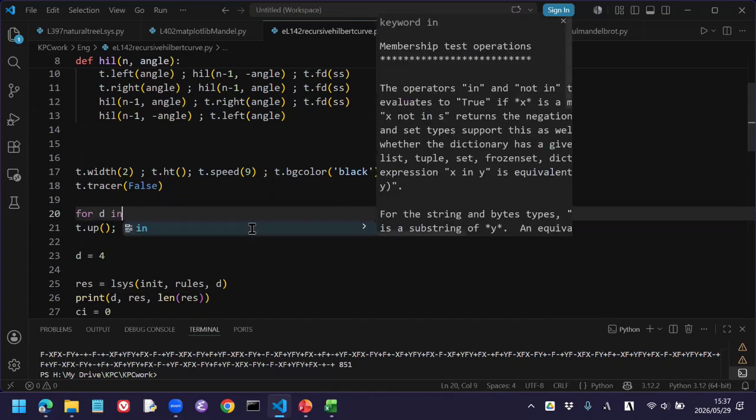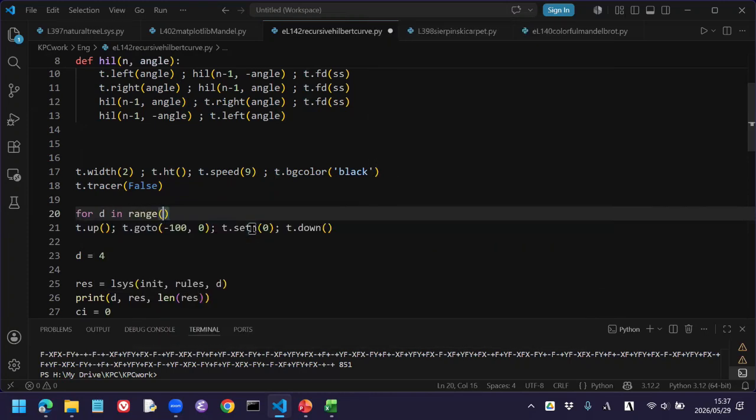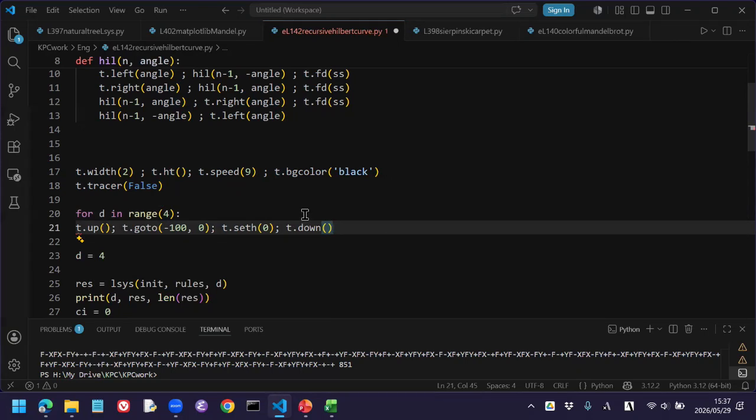For d in range, say 5, say 4. And the up go to minus 100, and set heading east and down.